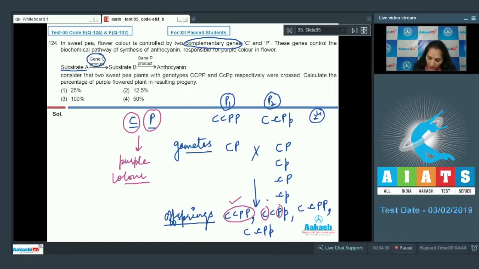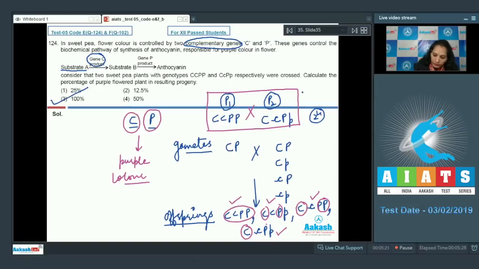The second also, the third also, and the fourth will also produce purple colored flowers. So all the plants will be purple flowered. So 100% progeny of these two parents will be purple flower bearing. So the correct option for the given question is option number 3.